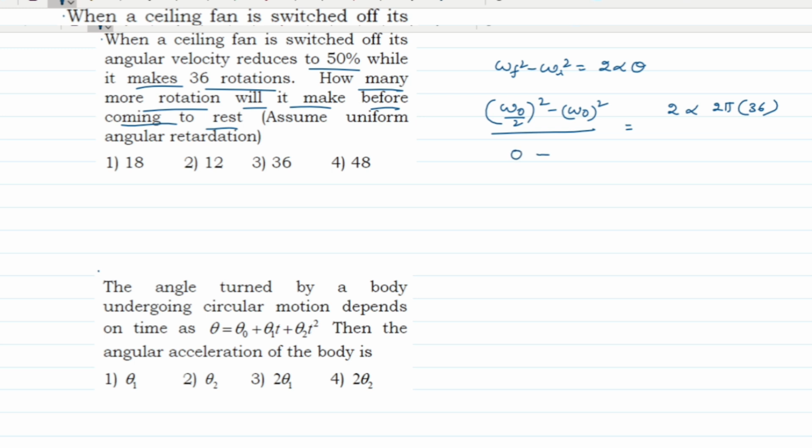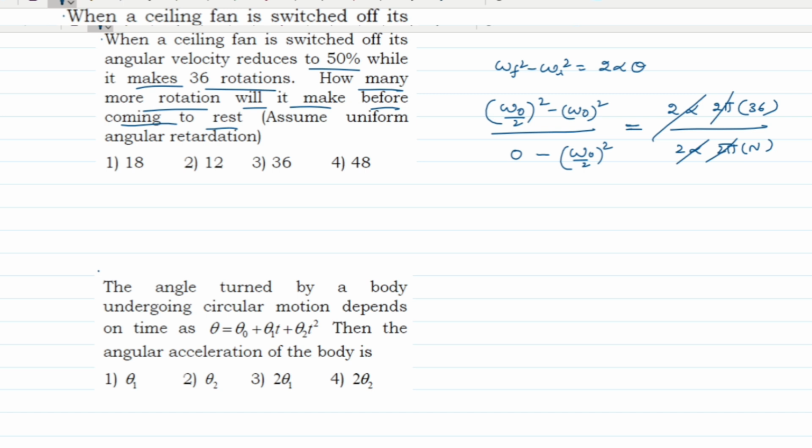How many more, in the sense here, where it is decreasing, from there itself we have to take the initial angular velocity. So it's omega naught by 2 whole square you can take. So here we will be getting 2 into alpha into theta value, you can take as 2 pi into n. 2 alpha, 2 pi gets cancelled.